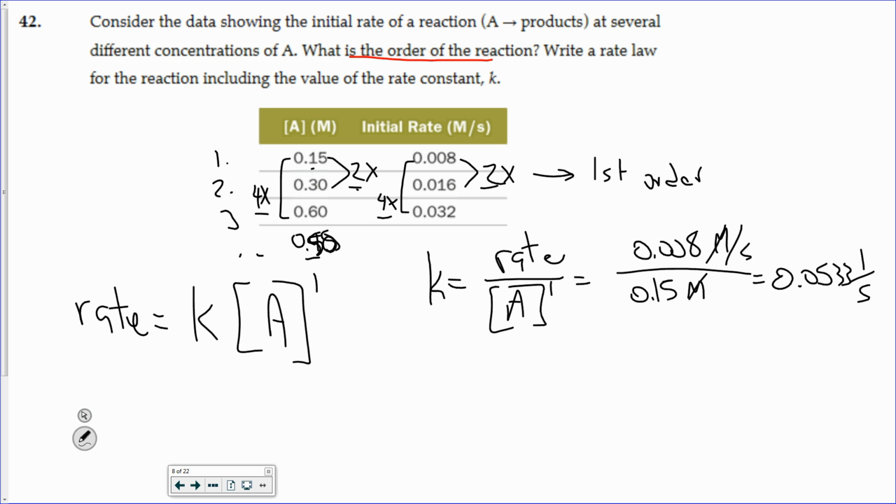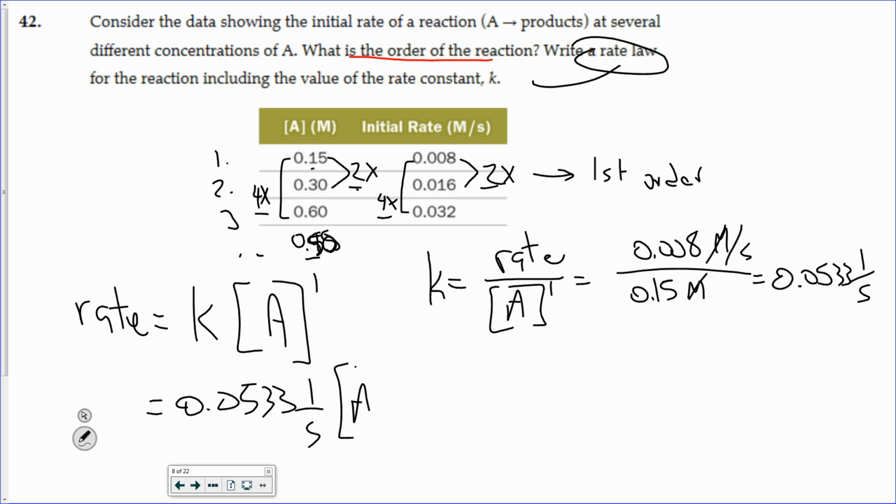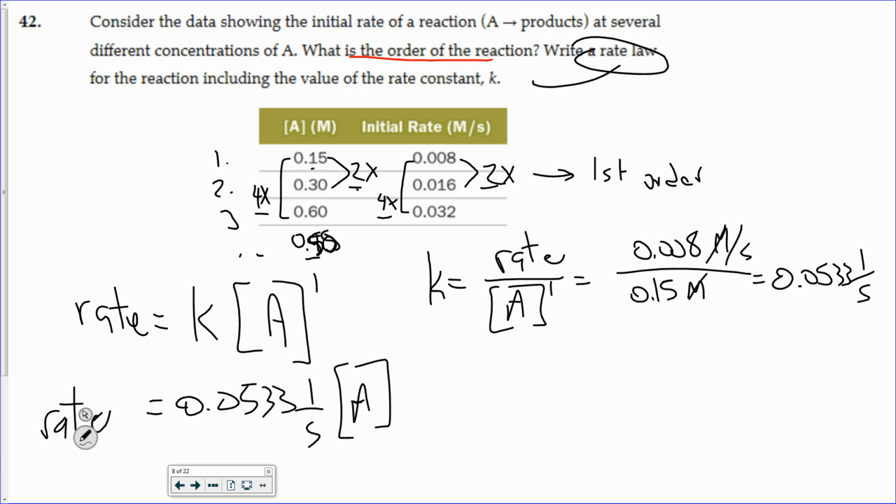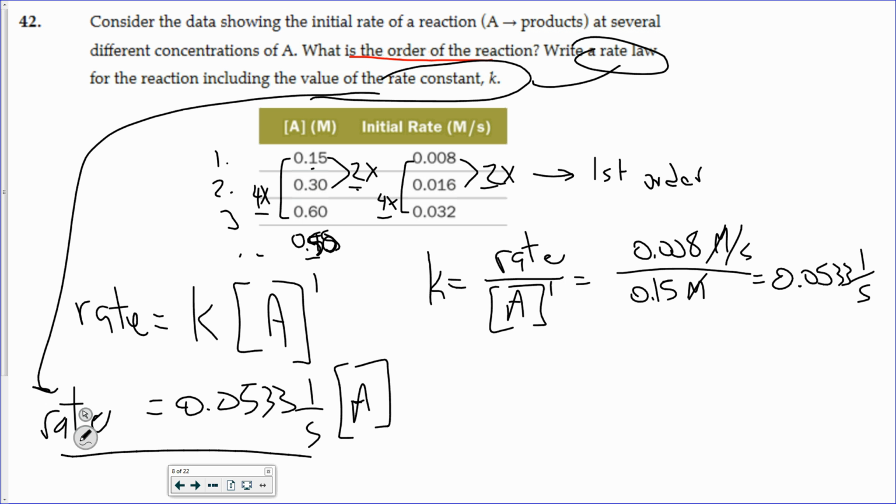So now, to write the complete rate law, including the value of K, I would just substitute that value in: 0.0533 inverse seconds times the concentration of A. Okay. So to answer the question as it asked, write the complete one. That would be this term at the bottom.